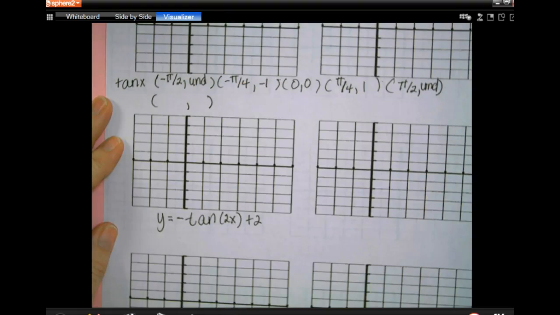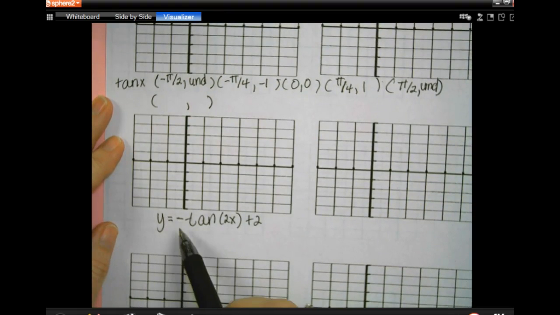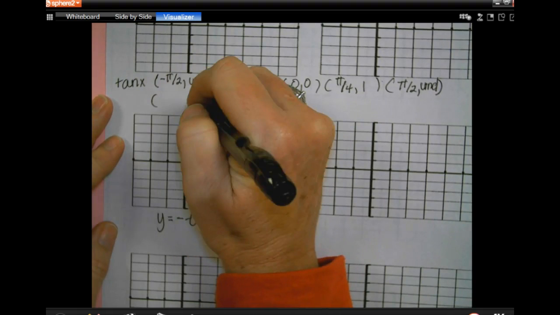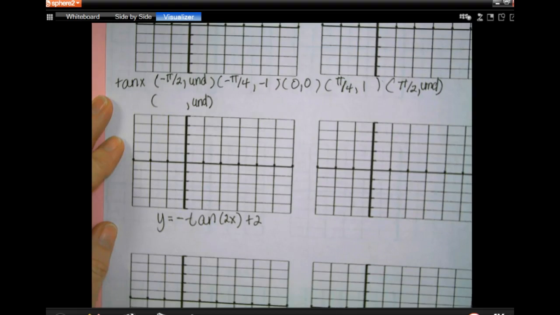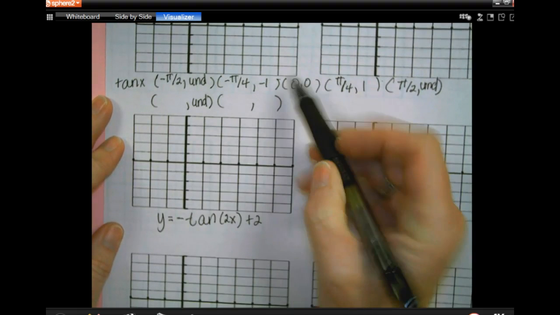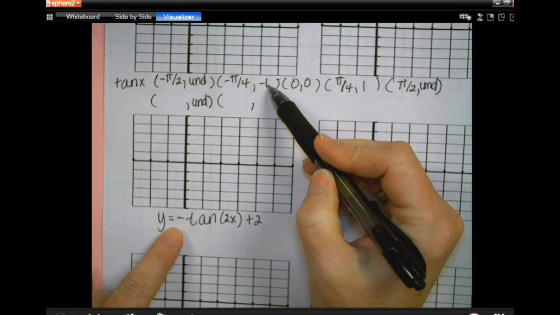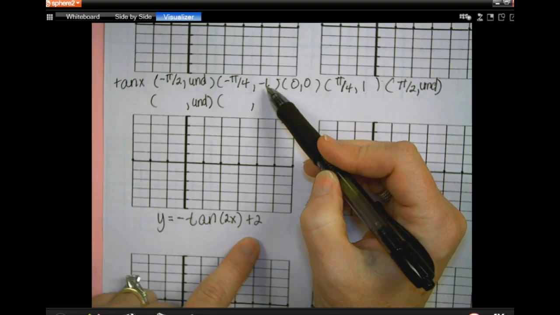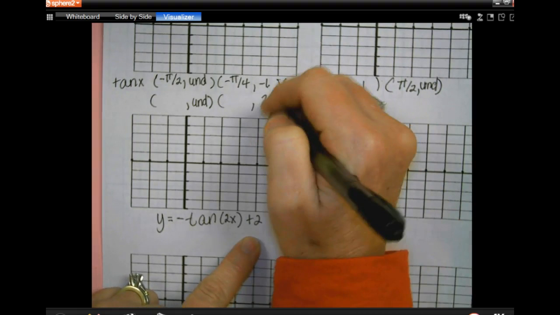So the first one I have undefined. If I multiply an undefined by negative, does it do anything? Negative undefined. It's still undefined. And if I add 2 to undefined, it's still undefined. So the y here is undefined. So next one, the negative 1. Negative 1 times negative 1 is positive 1, plus 2, so this is 3.